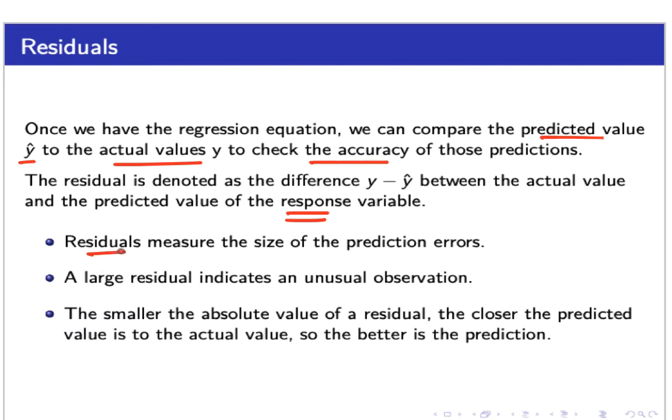These residuals measure the size of the prediction errors. A large residual means a very unusual observation. The smaller the absolute value of the residual, the closer the predicted value is to the actual value, so we get a better prediction.